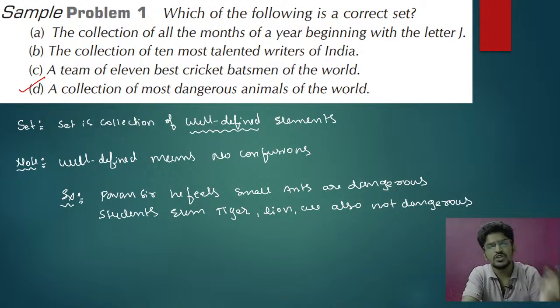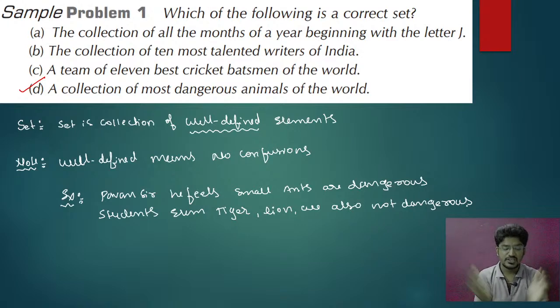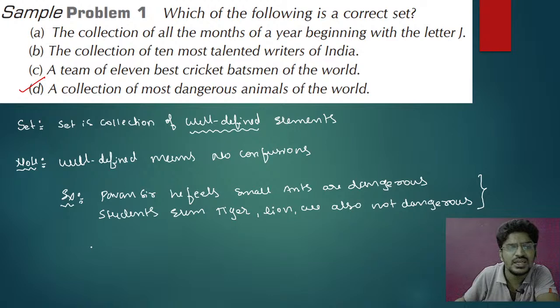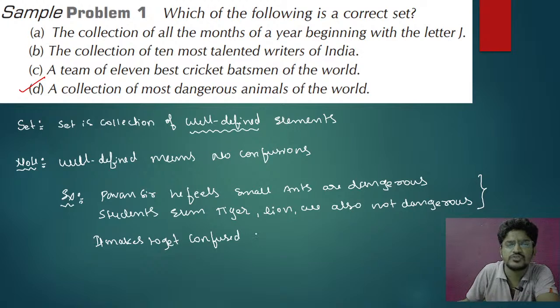You feel tiger and lion are not dangerous, while I feel small ants are dangerous. So it varies from person to person, and it makes us get confused.